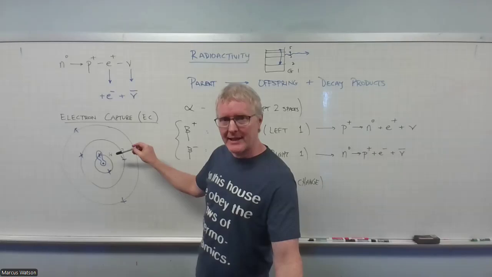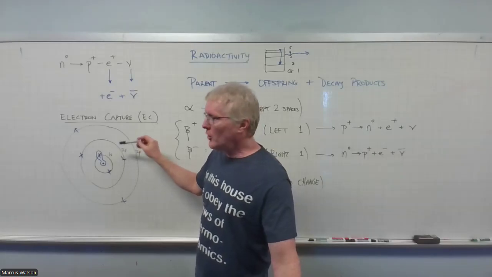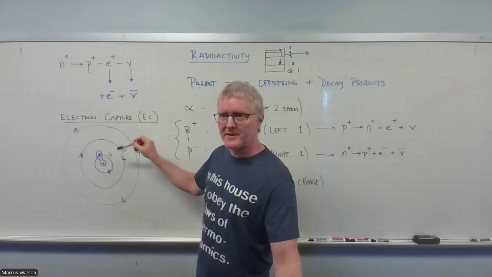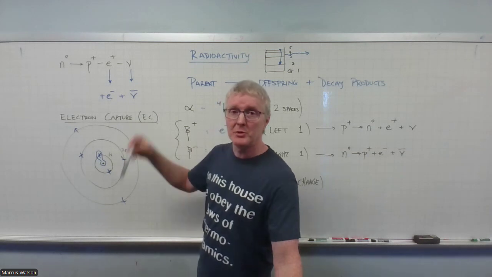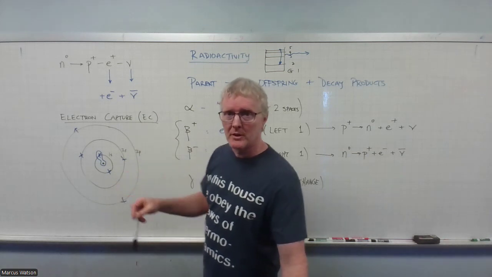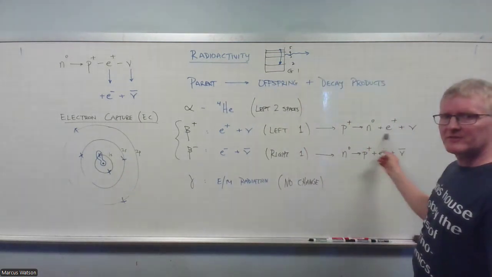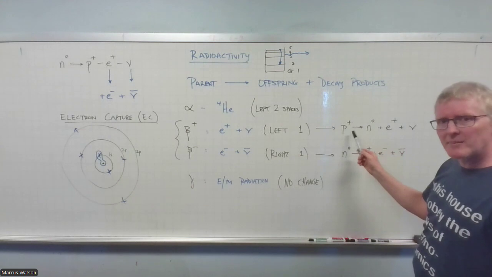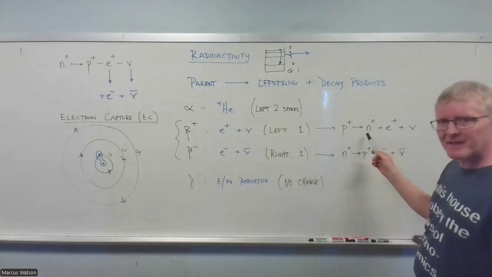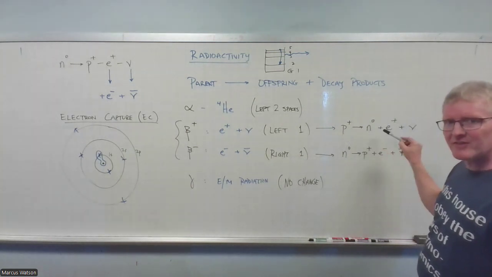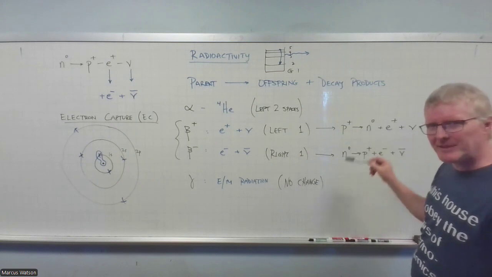If I've lost an electron, then ultimately this must be a situation in which I'm losing a proton also. Alright, so can you see that it's something kind of like this? I'm losing a proton. A proton's going into something else, but it's not doing this. It's doing something a little bit different.